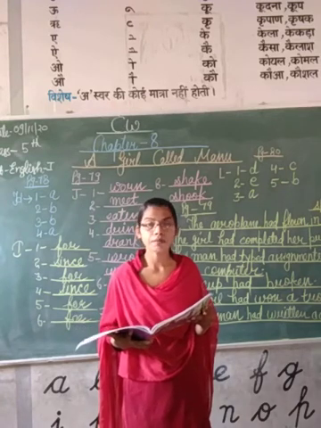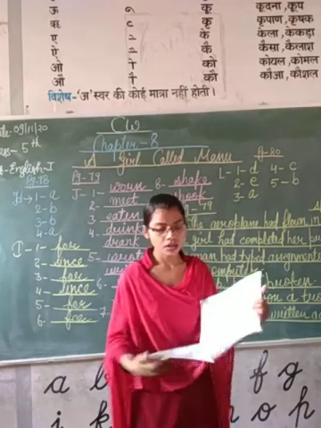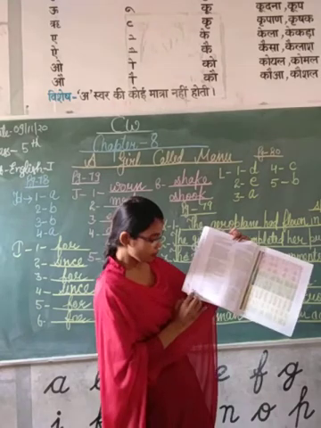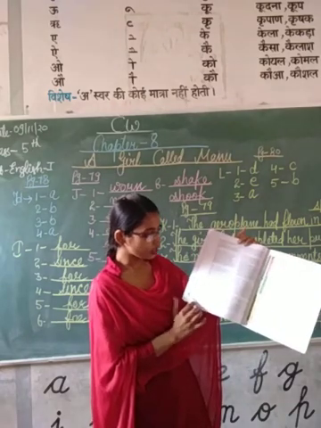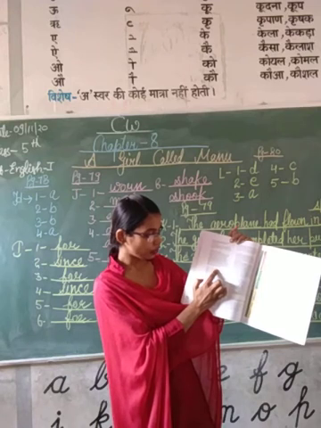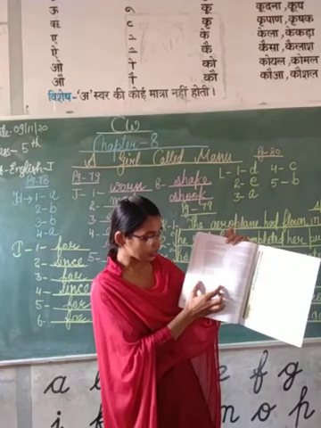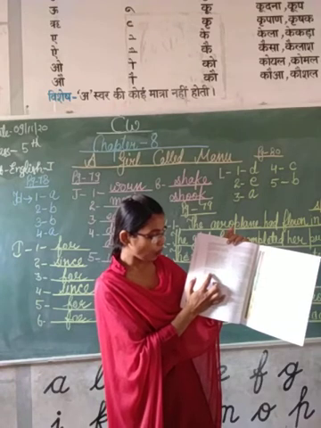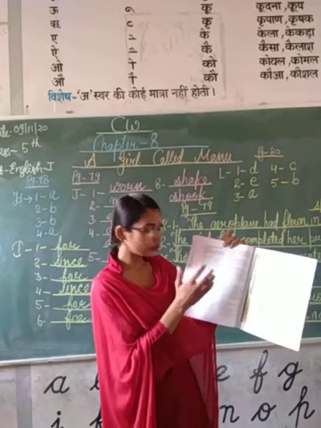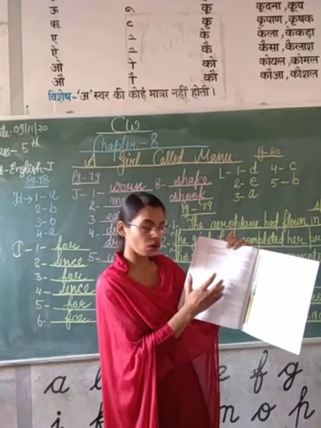The matching is given in question L and the text is given at the last page of your book, which is page number 118, chapter number 8, where a girl called Manu is given. In this question you can see 5 statements related to popular folk theatre and the region or state.